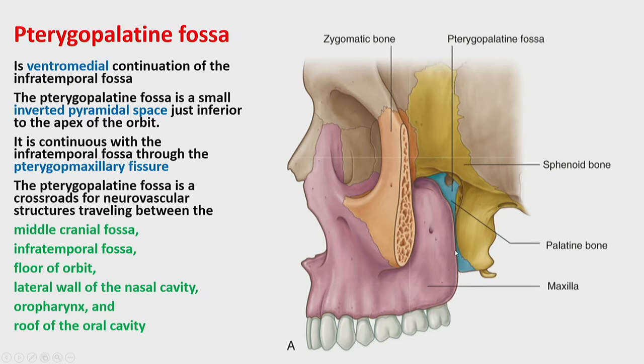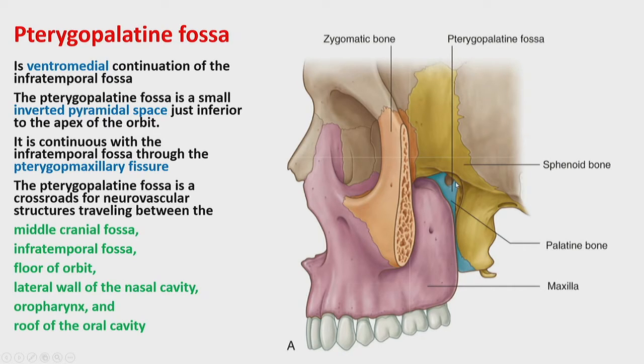So here is this bluish one, which part of palatine bone? Perpendicular plate of the palatine bone, thank you. And the place of attachment of perpendicular plate with the sphenoid bone, there is a foramen which is called sphenopalatine foramen.